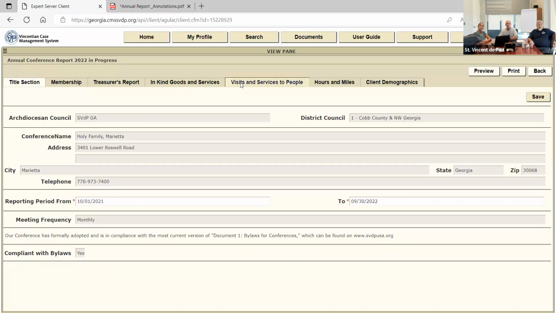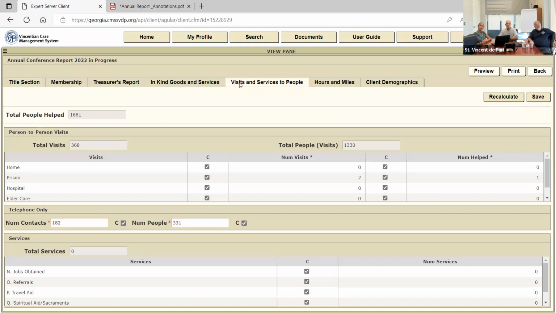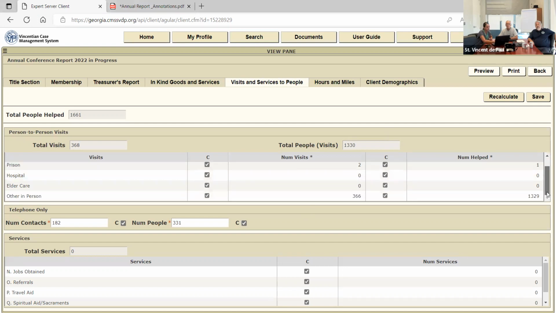If we went to visits and services to people right there, and you wanted to update the number of people helped for other in person, then you would uncheck this. And then you would change the number of visits from 366 to 500.